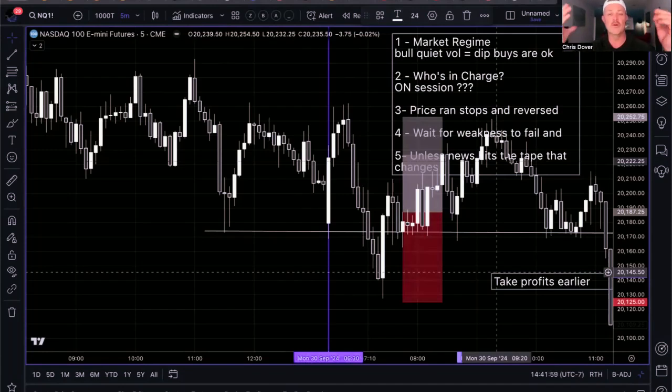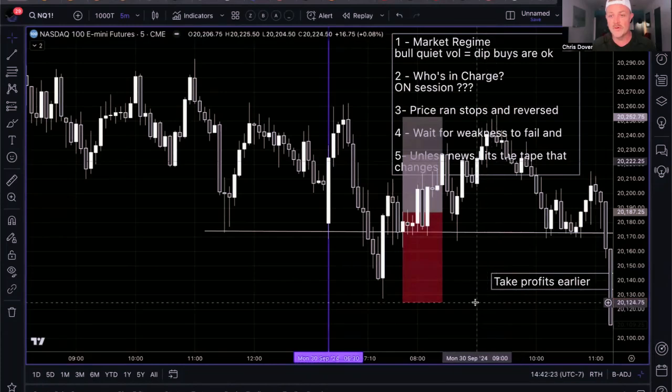That's my first note. It would have been a winning trade if I got out at 1R, but I was holding to a higher level. I'm building this as we go. Okay, so I would have stopped out there.